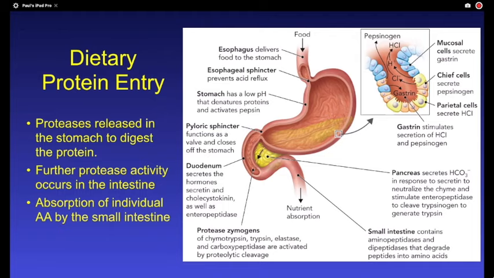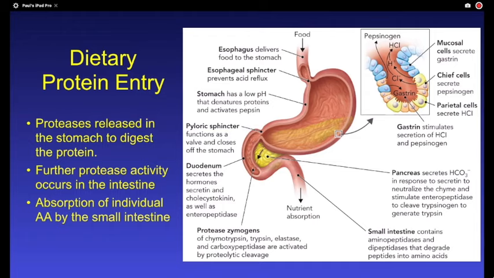Gastrin also is one of the key molecules that are sent out that give you the hunger response. And so you start unraveling the proteins and breaking them down, but you don't break them completely. You break them into large chunks. They are still long strands of amino acids.